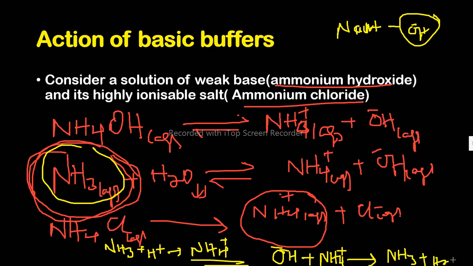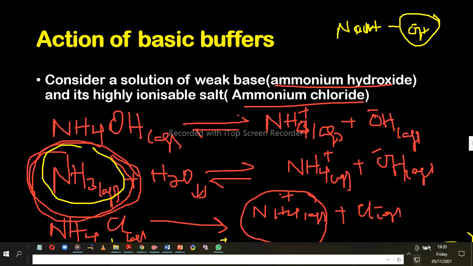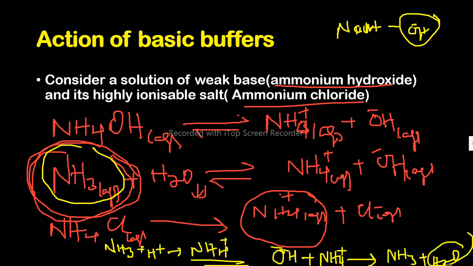And water is a neutral compound which doesn't affect the pH. And so there won't be any significant change in the pH. So that's basically how these basic buffer solutions work.